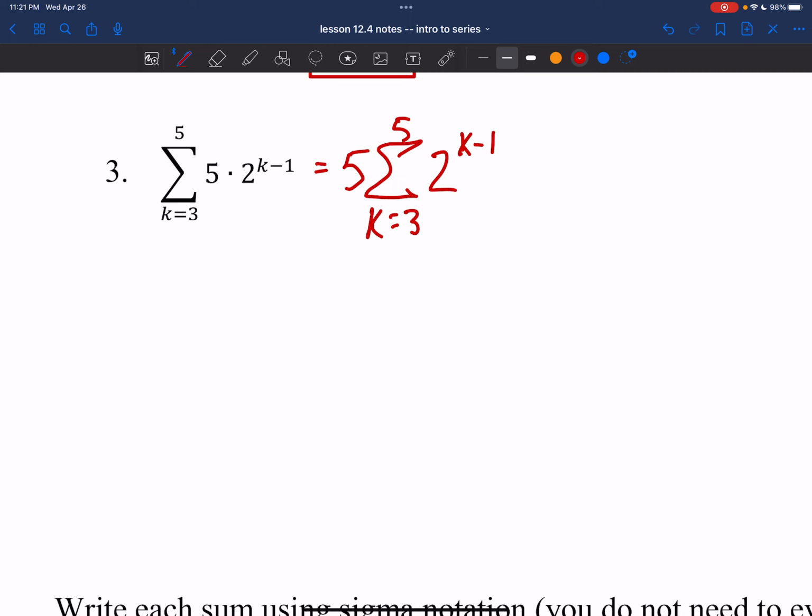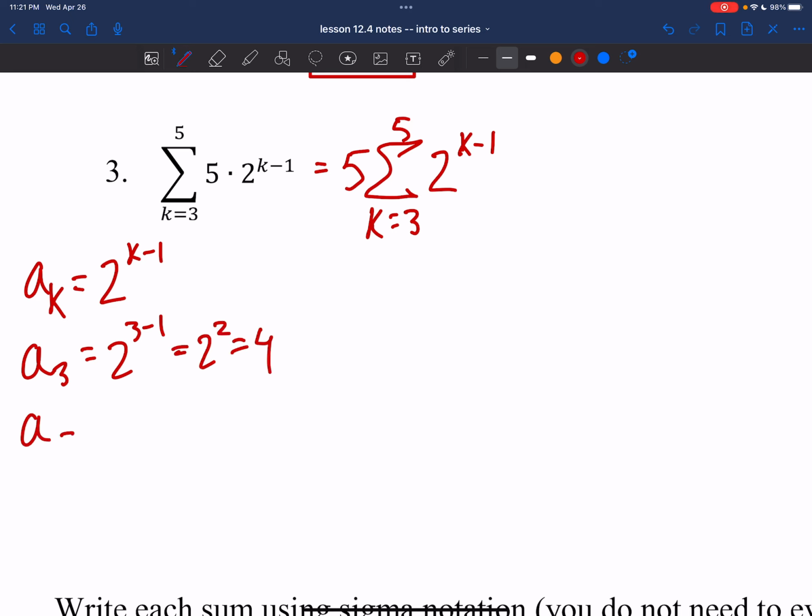If a sub k equals 2 to the k minus 1, then a sub 3 is 2 to the 3 minus 1. That's 2 squared, which equals 4. And a sub 4 is 2 to the 4 minus 1. That's 2 cubed, which equals 8.